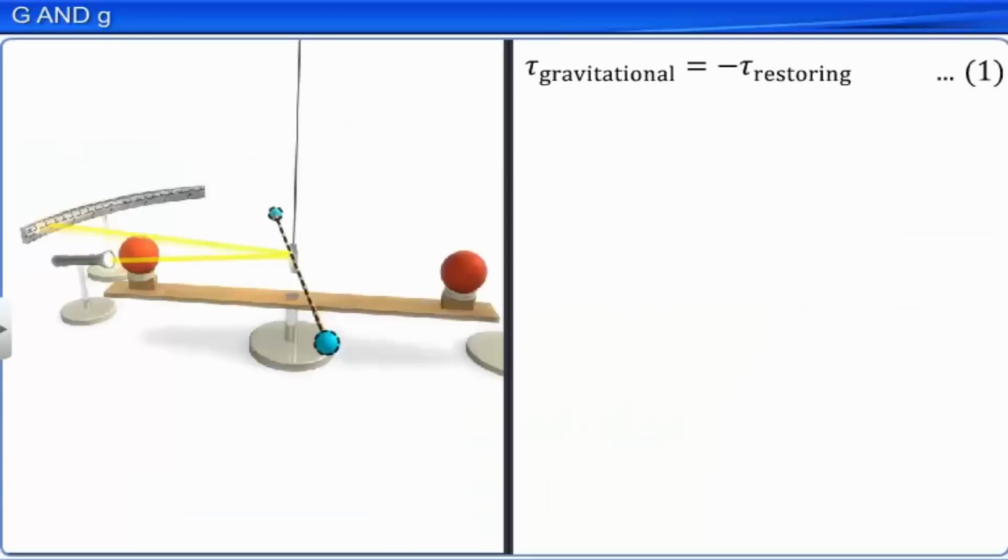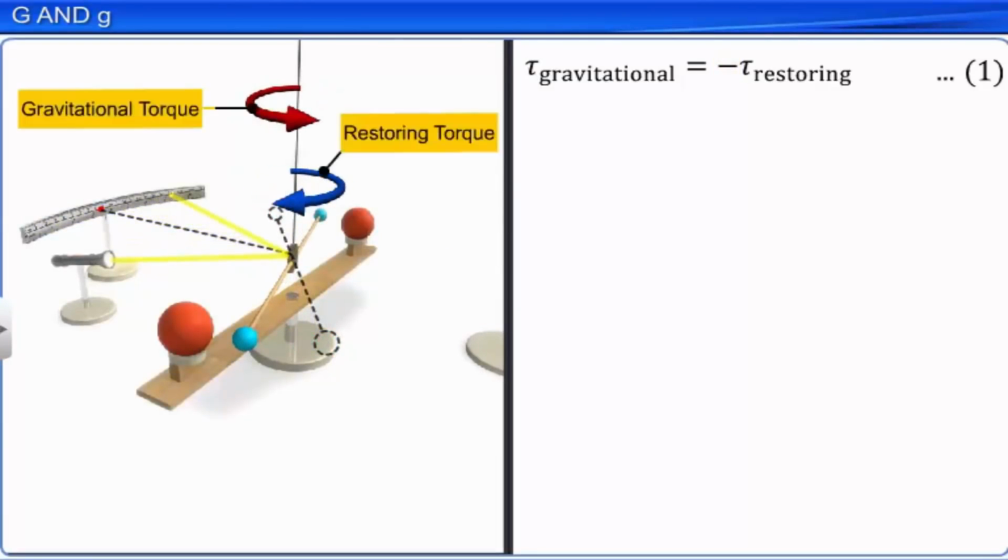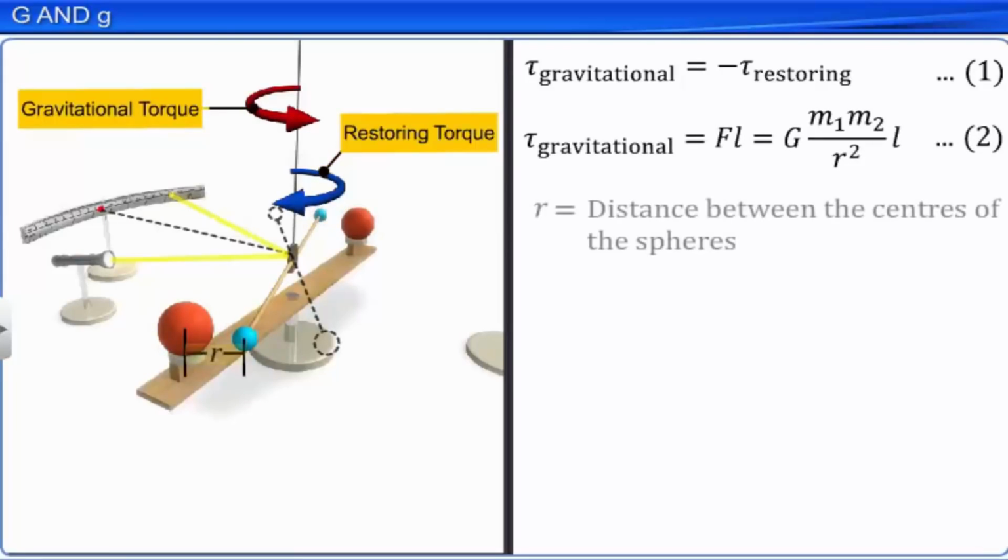Thus, we have equation 1. The negative sign in this equation indicates that both the torques act in opposite directions. The total torque due to gravitational force between the spheres is denoted by equation 2. Here, r is the distance between the centers of the spheres and L is the length of the rod.